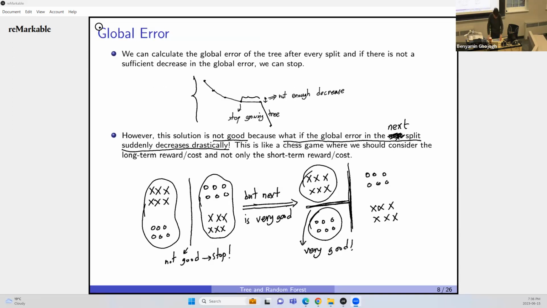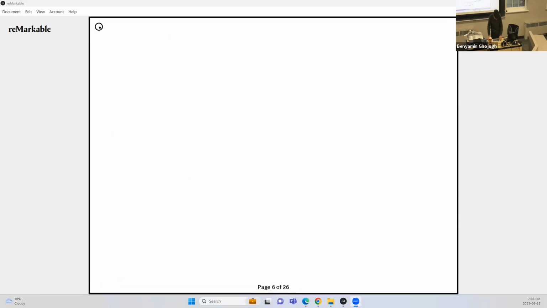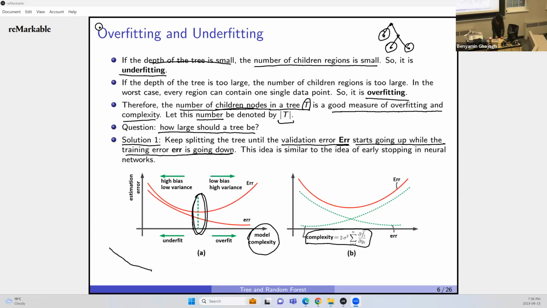Maybe sometimes we don't need to prune. Maybe your training error goes down, and your validation error also always goes down. It never goes up, almost. When does this happen? When the validation data is very similar to the training data.